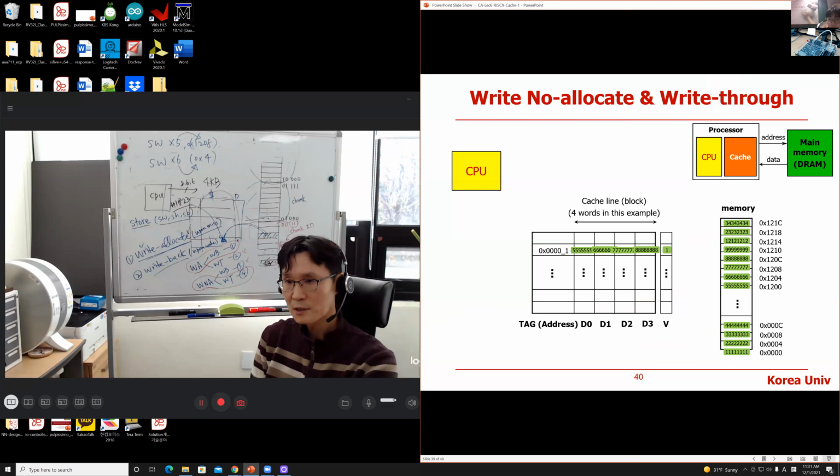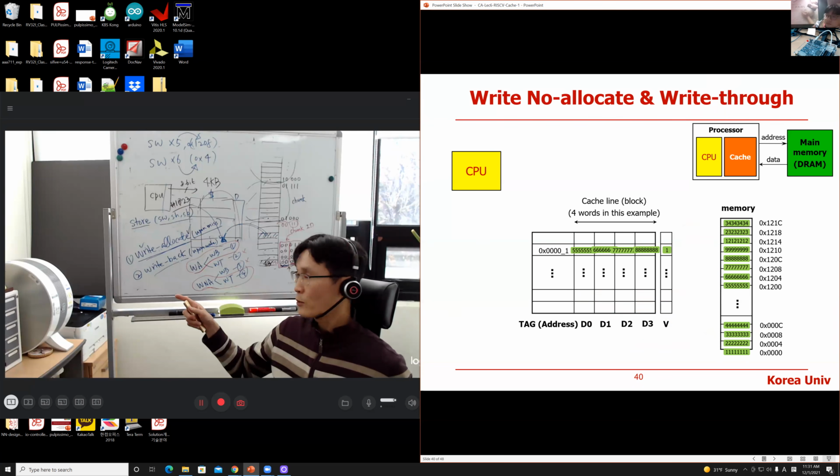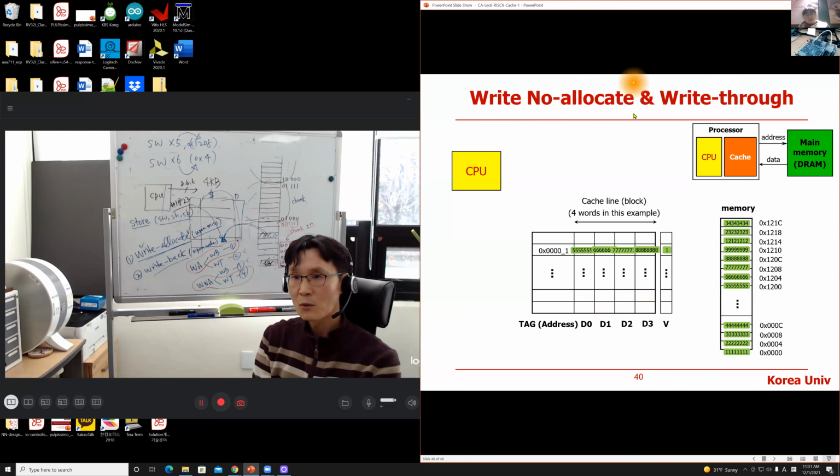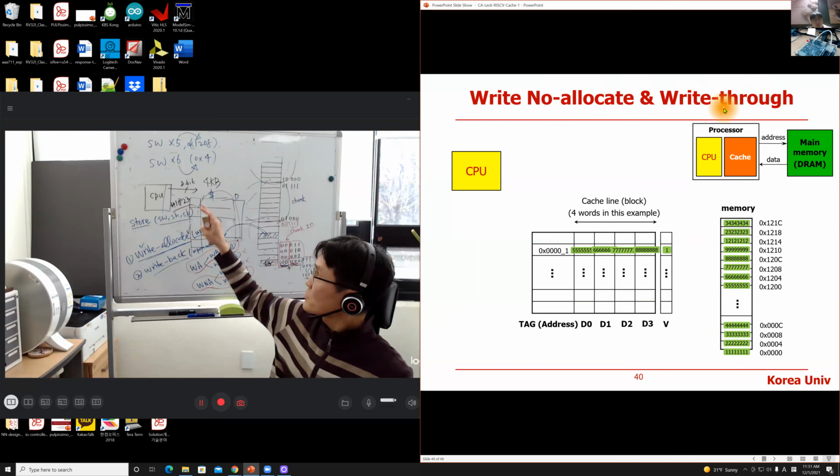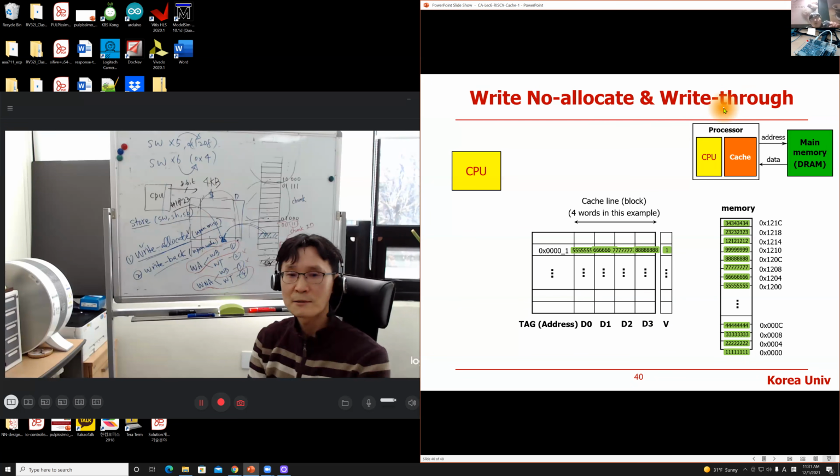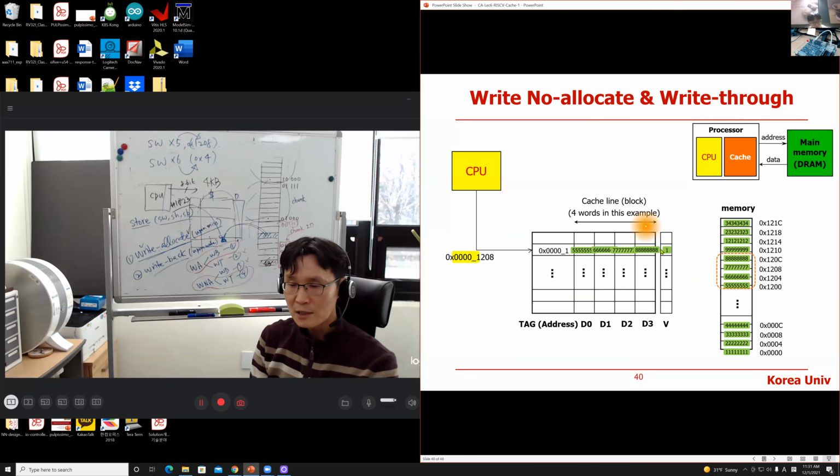So how about write no allocation? Right, no allocation and write through policy. So how's it different from the first combination? So let's execute these two instructions. So same, right? There is initial state. Okay, initial state. Then that is selected for lookup, and we have cache hit.